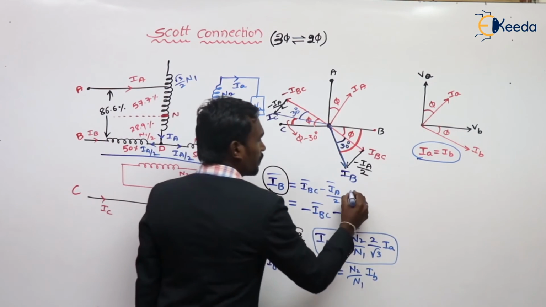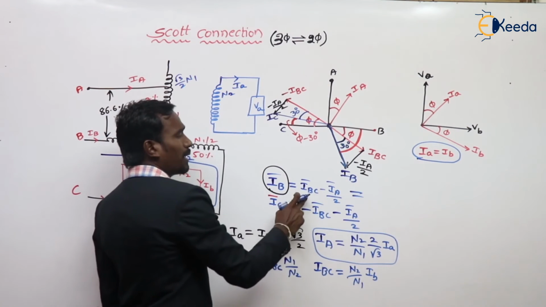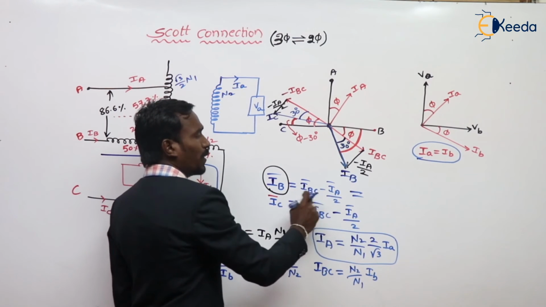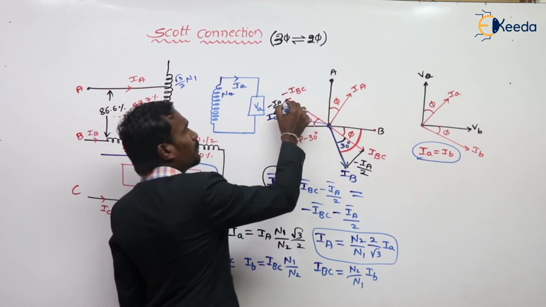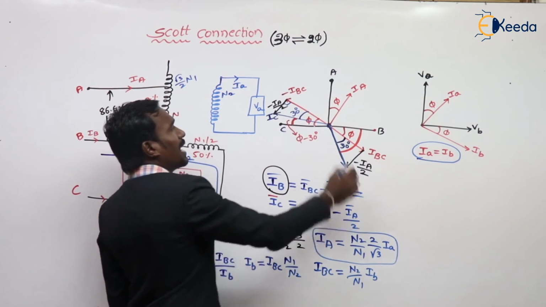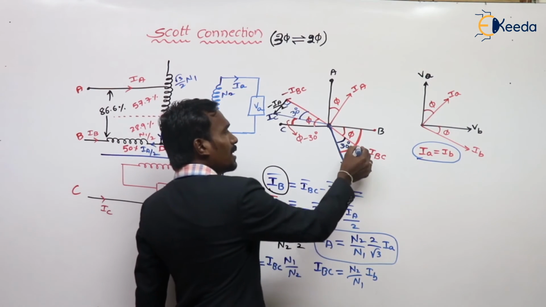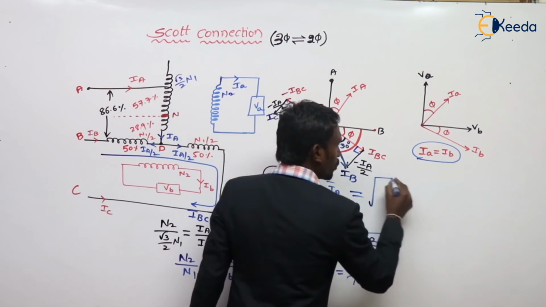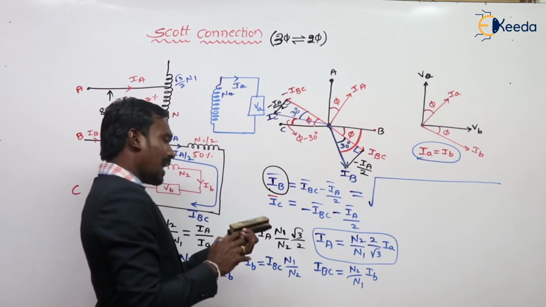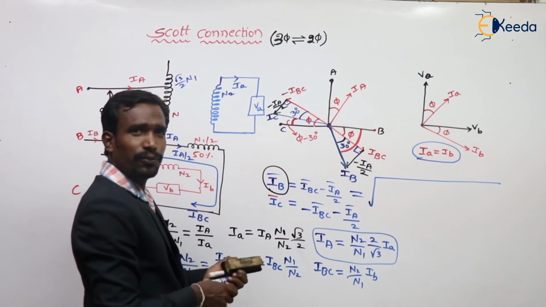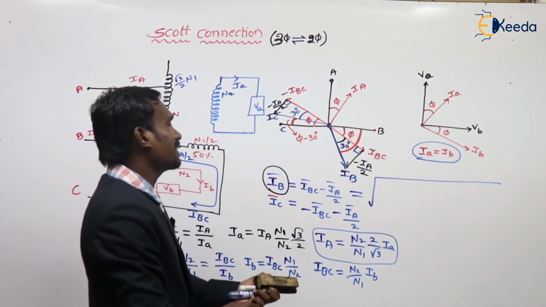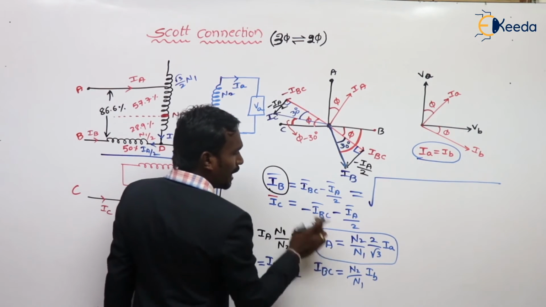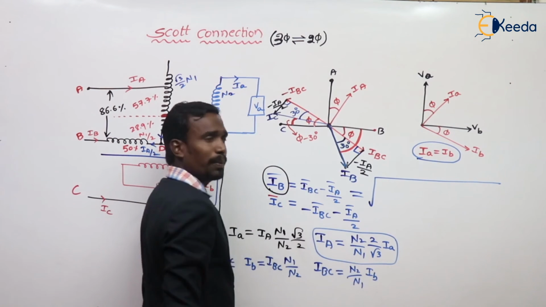Now we have to calculate this IB. IB is equal to IBC minus IA by 2. These two vectors sum, and the angle between these two is 90 degrees. Hence, IB is equal to the square root of, what is IBC here? IBC is equal to N2 by N1 into IB.